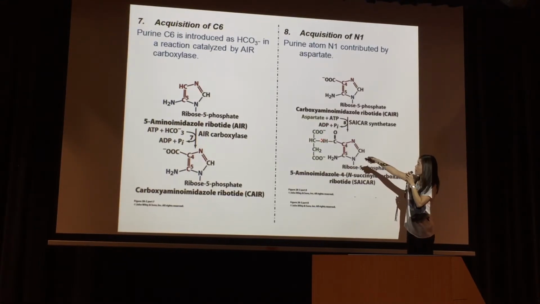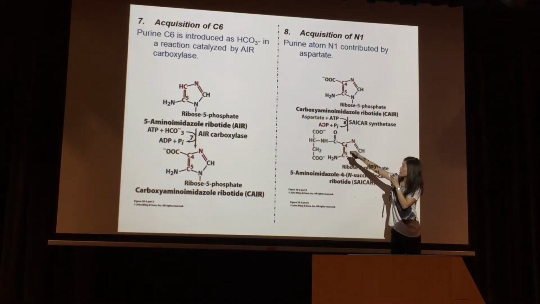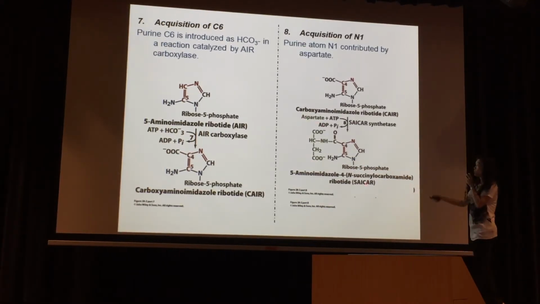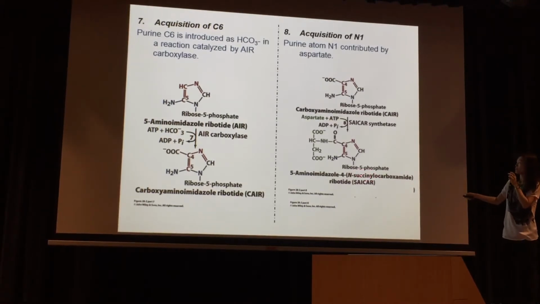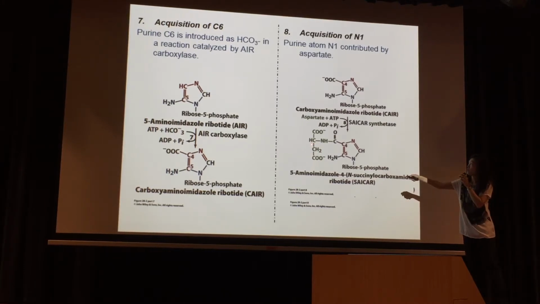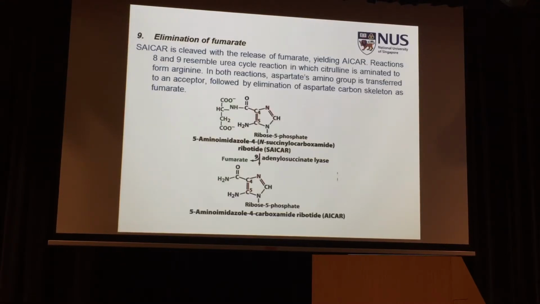This is aspartate, we want the nitrogen, and if we remove this, what does it look like? Something we have seen before in the Krebs cycle, which is succinate. But it is not removed as succinate. If I add a double bond here, it becomes fumarate, like the Krebs cycle and also like the urea cycle.